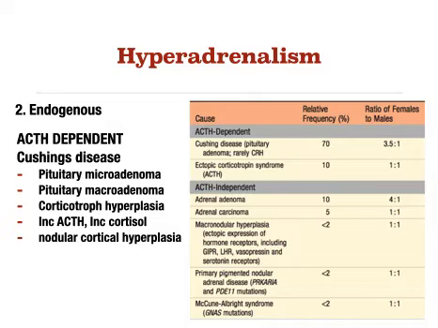That's true for your endogenous ACTH dependent Cushing's syndrome, and we particularly call this your Cushing's disease. Of the ACTH dependent causes, the most common is Cushing's disease, with a relative frequency of 70%, and this is more common in females compared to males.